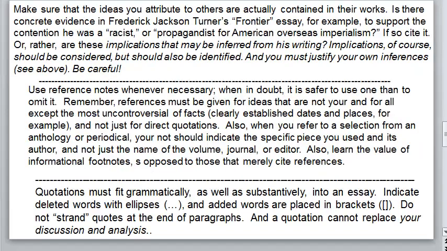Now make sure if you attribute something, if you're attributing an idea to somebody else, make sure they actually said what you're saying they said. Often when we read through the books, or people will repeat something back that they thought I said in class, and I'll say, no, actually, you misinterpreted what I said. It's best to always check. It's best to always think about that.